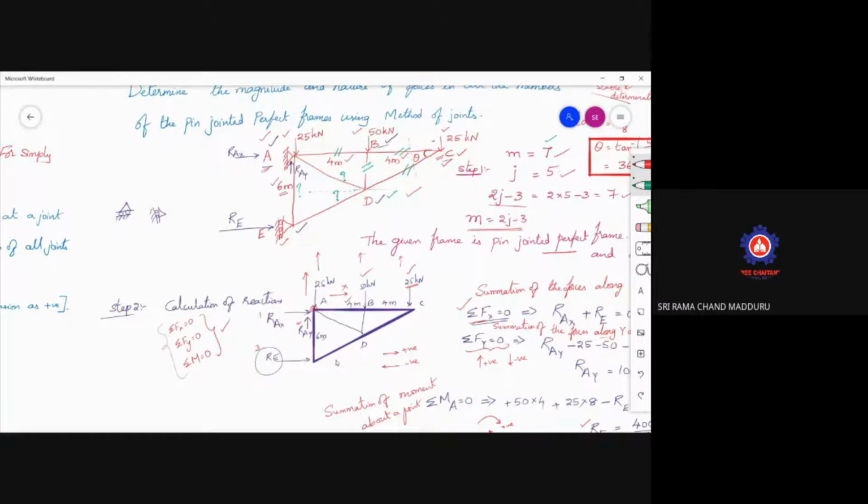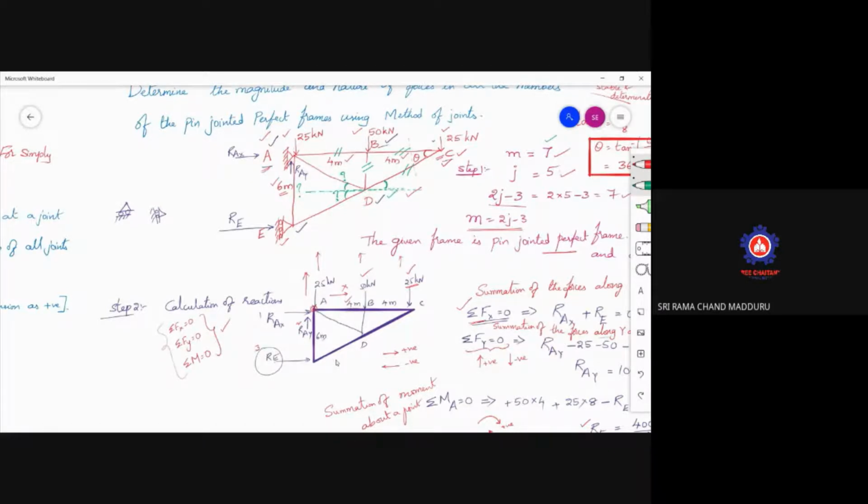At D, there are inclined members available. So how do we analyze these inclined members? Before going to that, we should know the angle. What is this angle? Can anyone of you tell me? Just think of it. What is the angle made by this force DE with respect to horizontal?